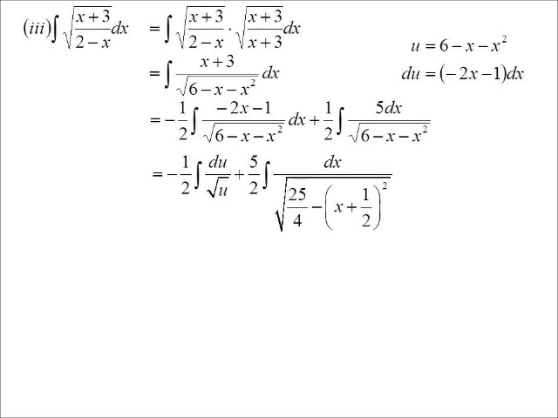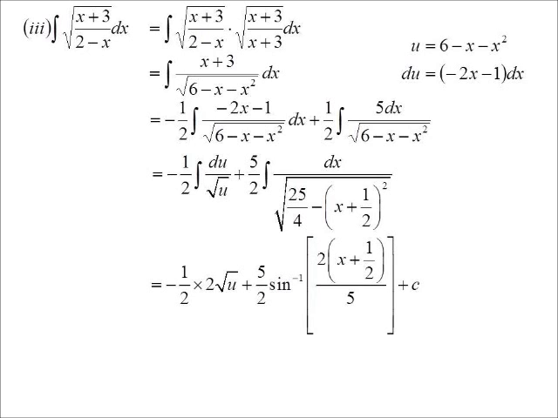So be careful there. Now, when I do expand that square out, I'm going to get a quarter, but it will be negative a quarter. I want 6. So to go from negative a quarter to 6, I have to add 6 and a quarter, 25 on 4. So it's in the form square root of a squared minus x squared. That's our inverse sine, isn't it?